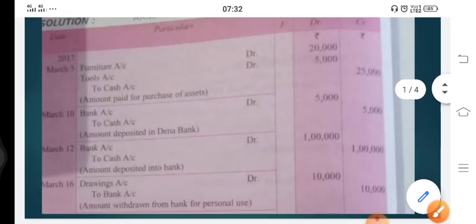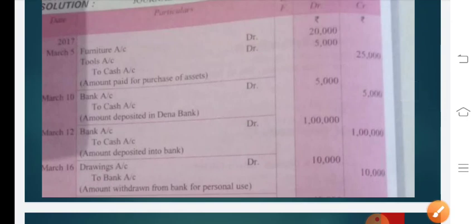Moving towards the next. The next point is withdrawn from bank by Ganesh. If you remember the question, Ganesh is a proprietor, withdrawing for personal use.